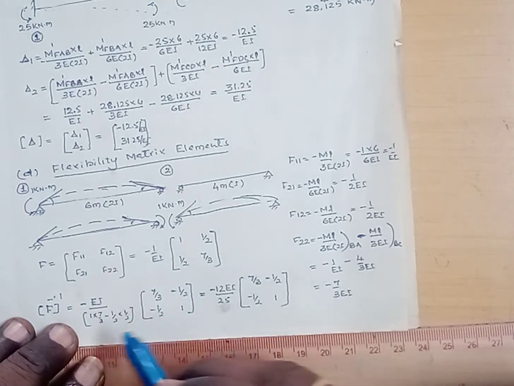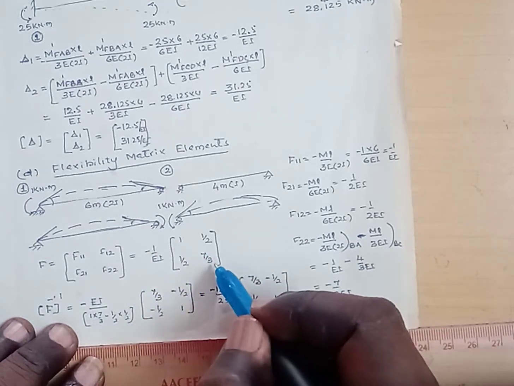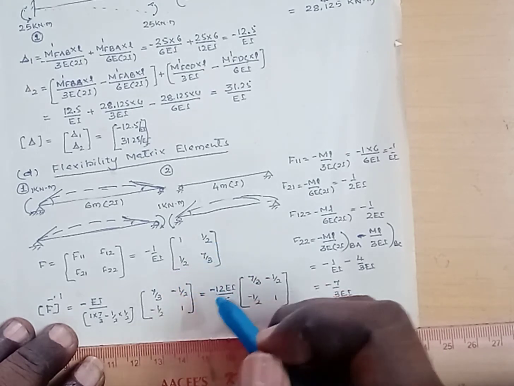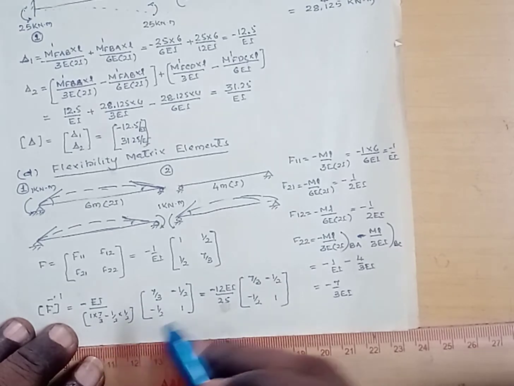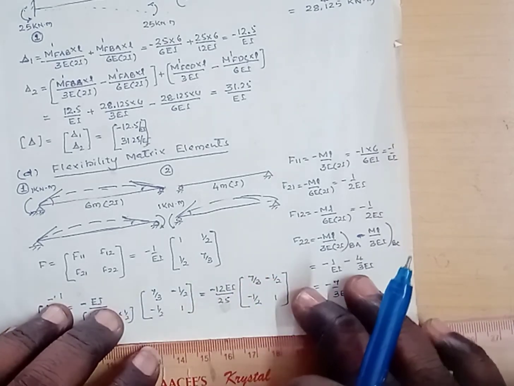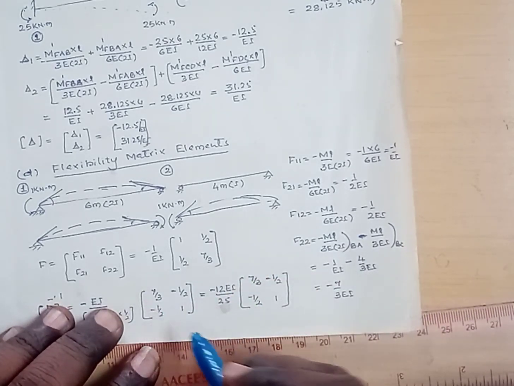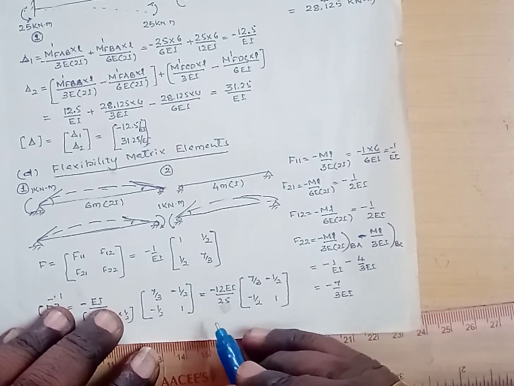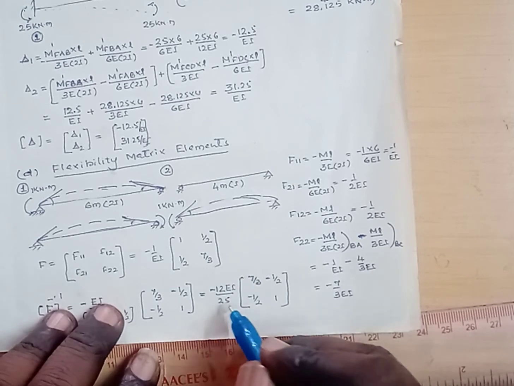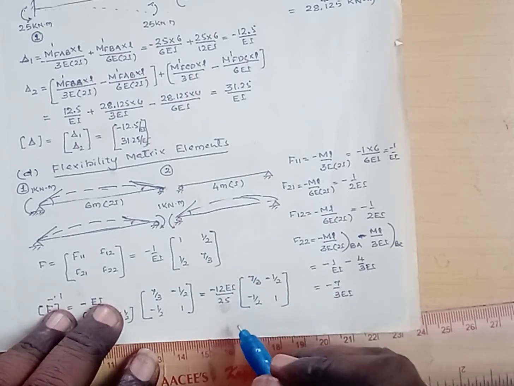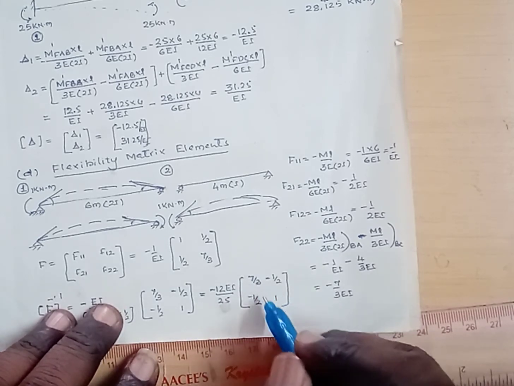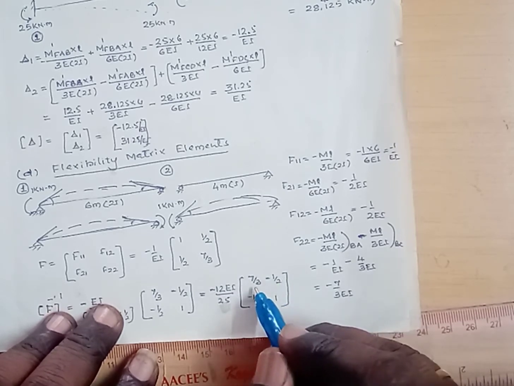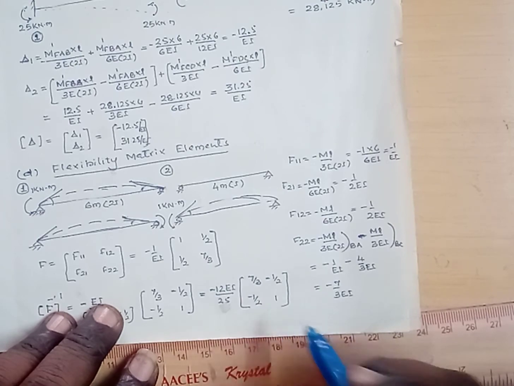Then the determinant value is 1 into 7 by 3 minus half into half. You will get it divided by the determinant value. Then the transpose of the matrix is 7 by 3, minus half and 1 as the elements. After simplification, this is minus 12 EI divided by 25. Then the elements of the inverse of the flexibility matrix are 7 by 3, minus half, 1.